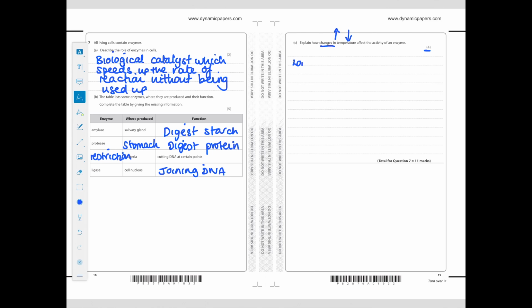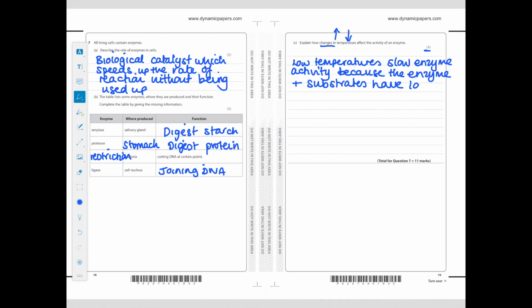So you want to say low temperatures slow enzyme activity, and that's collision theory, so it's a chemistry answer, because the enzyme and substrate particles have low kinetic energy, and therefore collide infrequently.